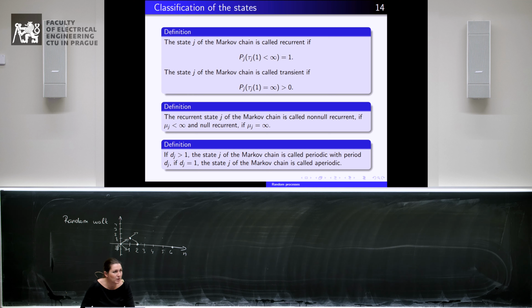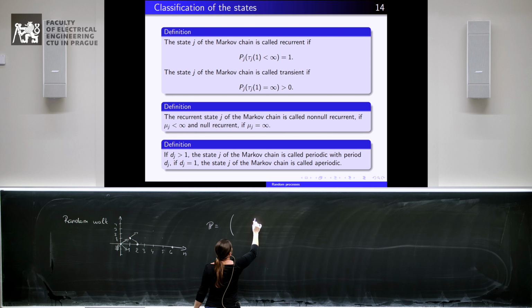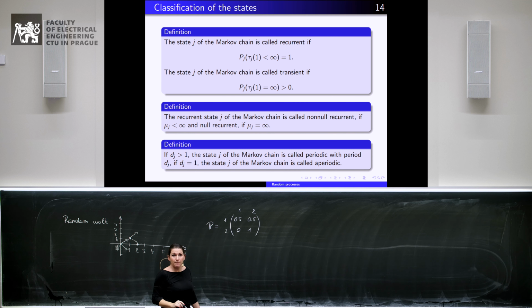It is, for example, the situation where we consider only 2 states and the matrix of transit probabilities is 0.5, 0.5, 0, and 1.